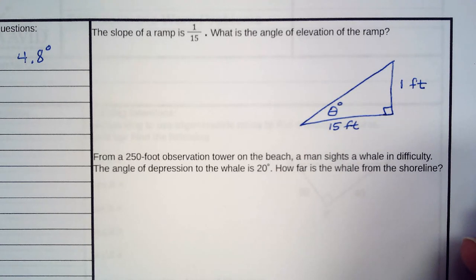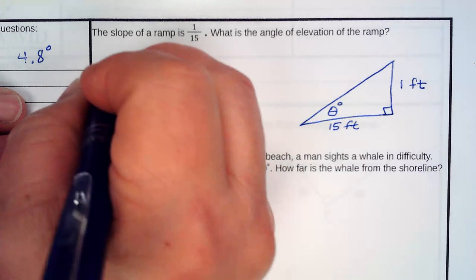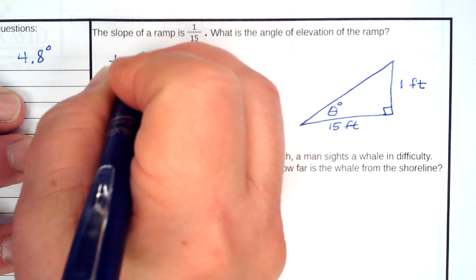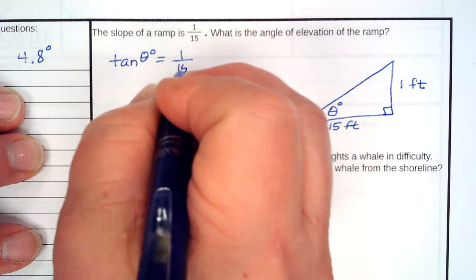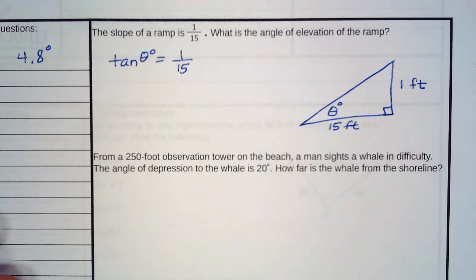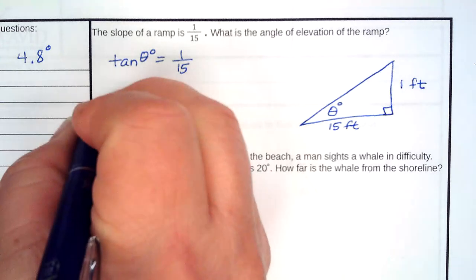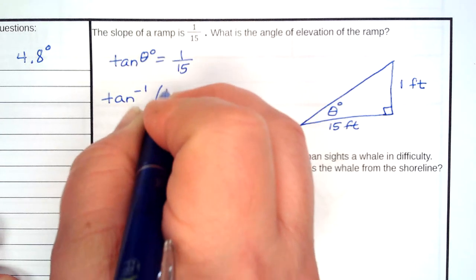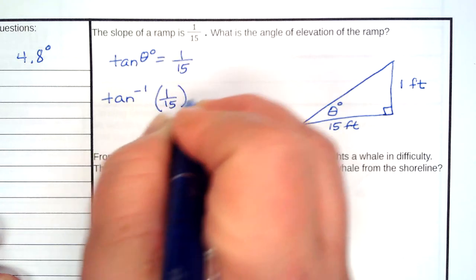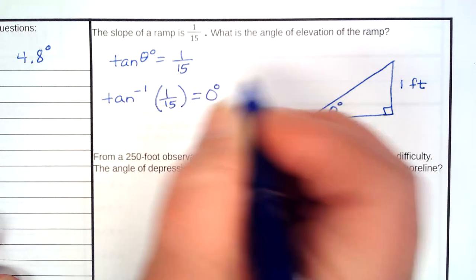Do I know anything about the hypotenuse? No. Do I need to know? No, I can use tangent. So the tangent of theta is equal to 1 over 15. Now, what do I use to find the angle measure? You use the inverse button. The tangent inverse of 1 over 15 will be equal to theta degrees.